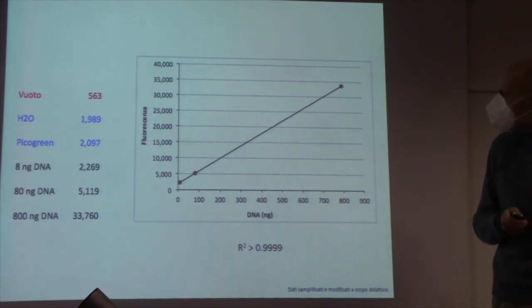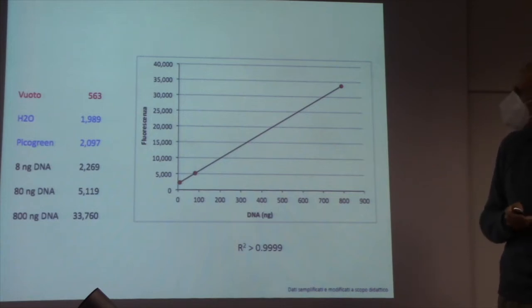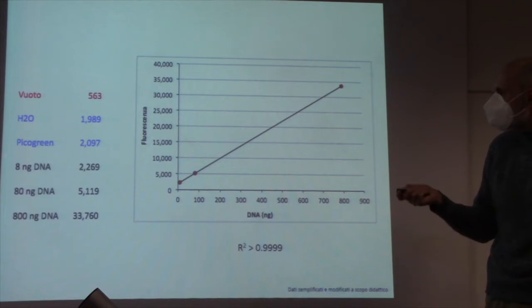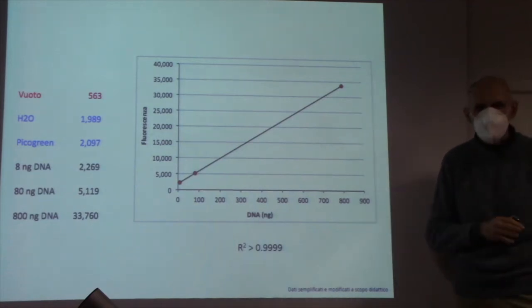It's a bit complicated, but it doesn't matter, because all you're interested in is the final effect. Having something in the well is different from not having anything. But the best negative control in this case is water with picogreen, because then you have all the ingredients you have in the other wells except DNA.